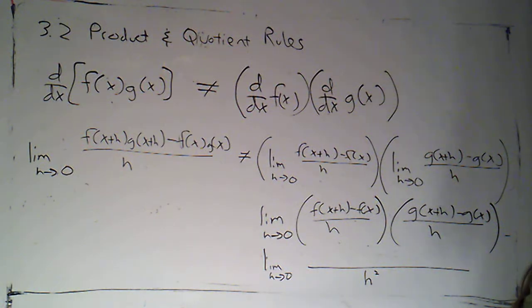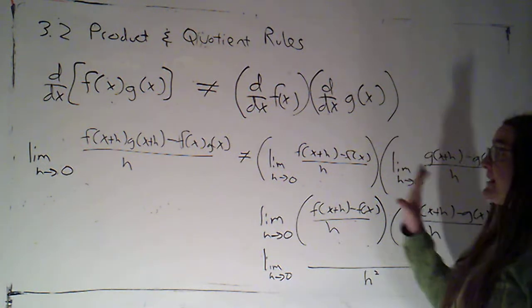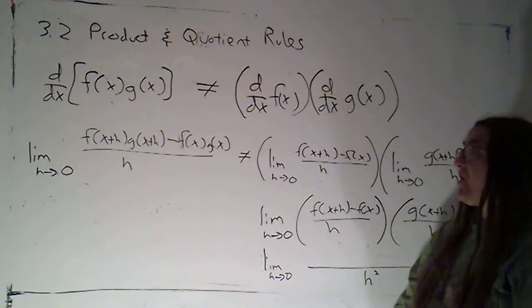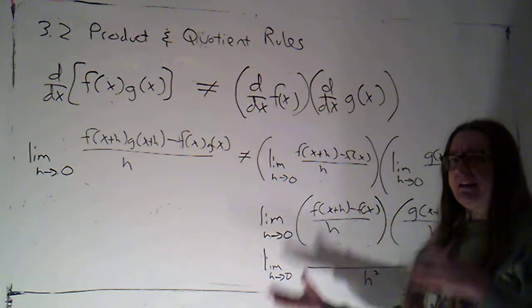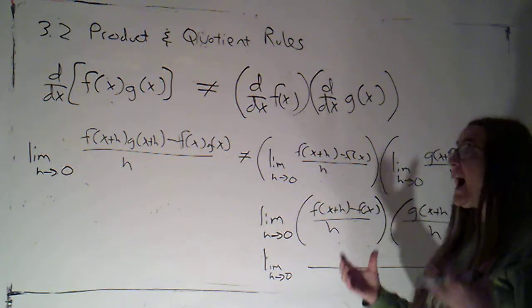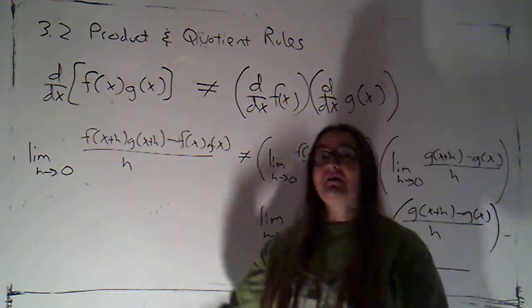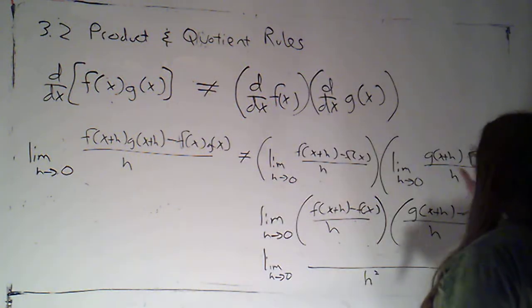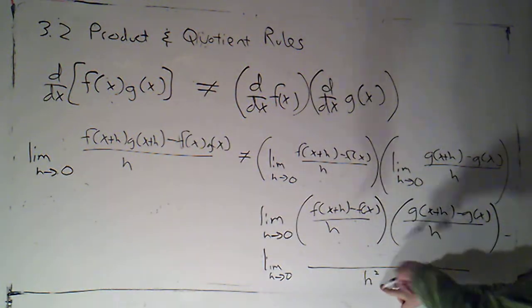When I was adding and subtracting the limits that represented f prime and g prime, if I added and subtracted those fractions, I got the difference quotient for f plus g or f minus g. But if I multiply these out, I get a different denominator.